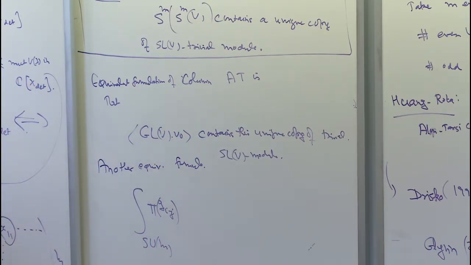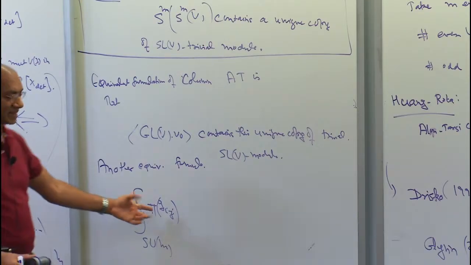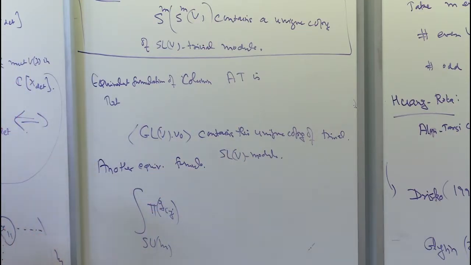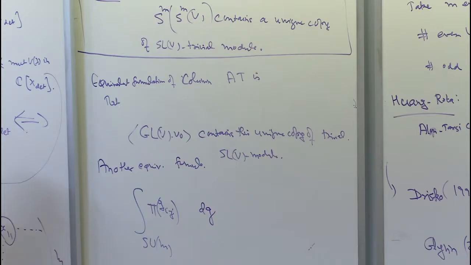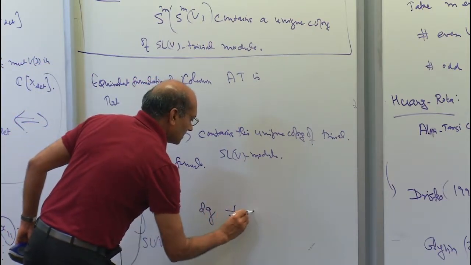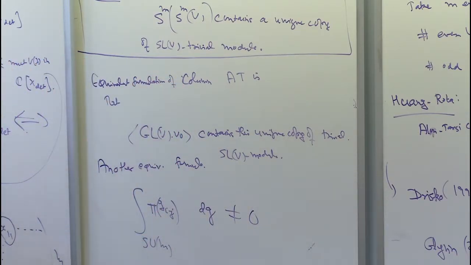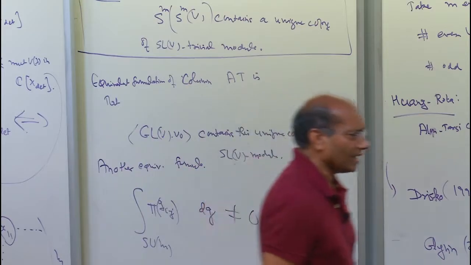You take this compact group SUN, and you take the matrix entries Gij, and you take the product of the matrix entries of this matrix, and you take the Haar measure on SUN, and this is non-zero. So this is an equivalent formulation, arrived at with Joseph. There are some other equivalent formulations, but I better stop.